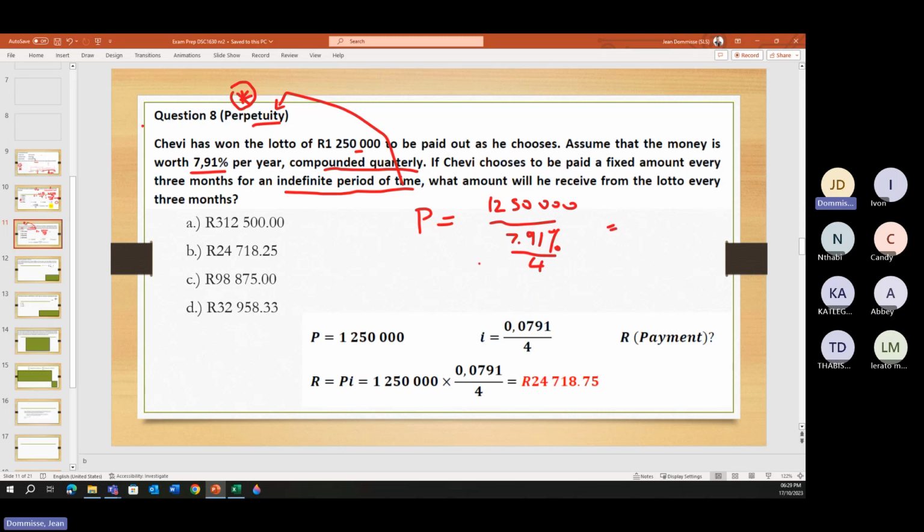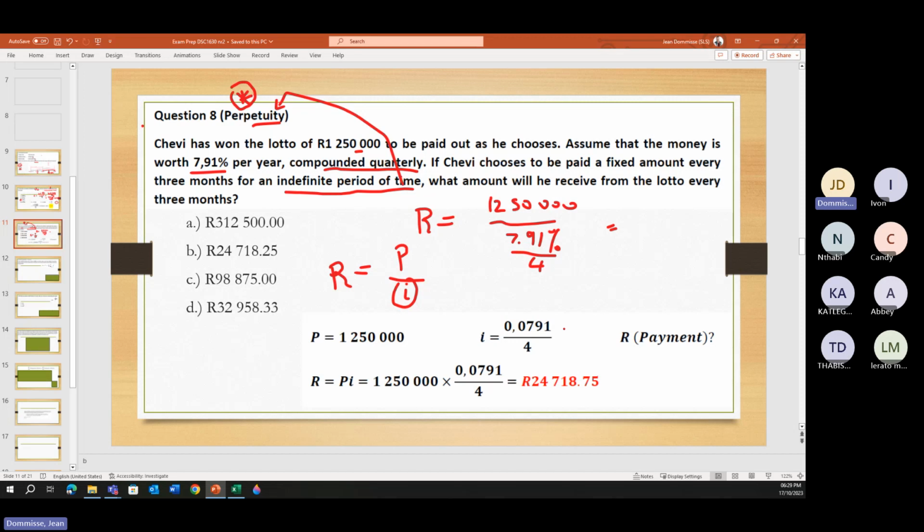Because the formula is your payment is the P divided by I. So you can again decide which is easier for you, to first calculate I or to put it all together. It doesn't really make a difference.